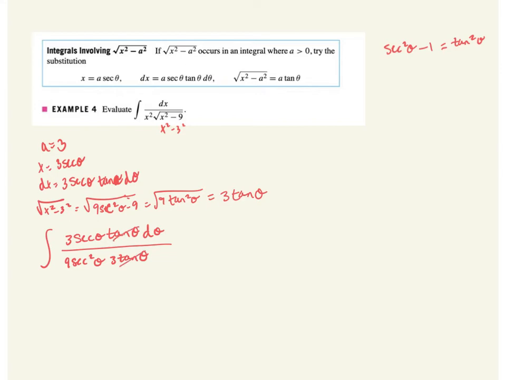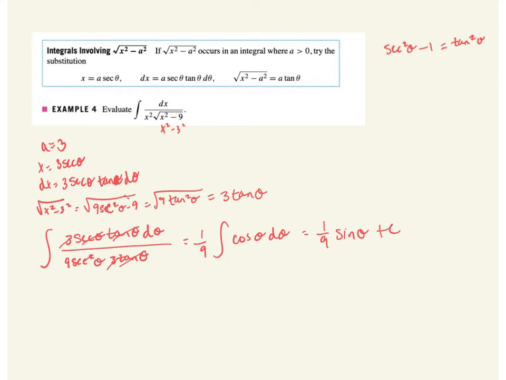This tan and tan are gone. Right. The 3 and the 3 are gone. A secant with one of the secants are gone. So I really just have a 1/9 integral 1 over secant, which is cosine, theta d theta, which is 1/9 sine theta plus c. Wow, doesn't get easier than that at the end.